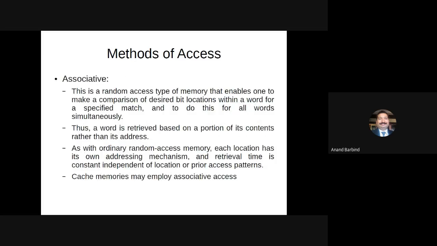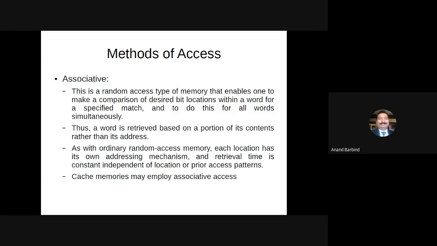Whereas the associative, this is a random access type of memory that enables one to make a comparison of desired bit locations within a word for a specified match, and to do this for all words simultaneously.